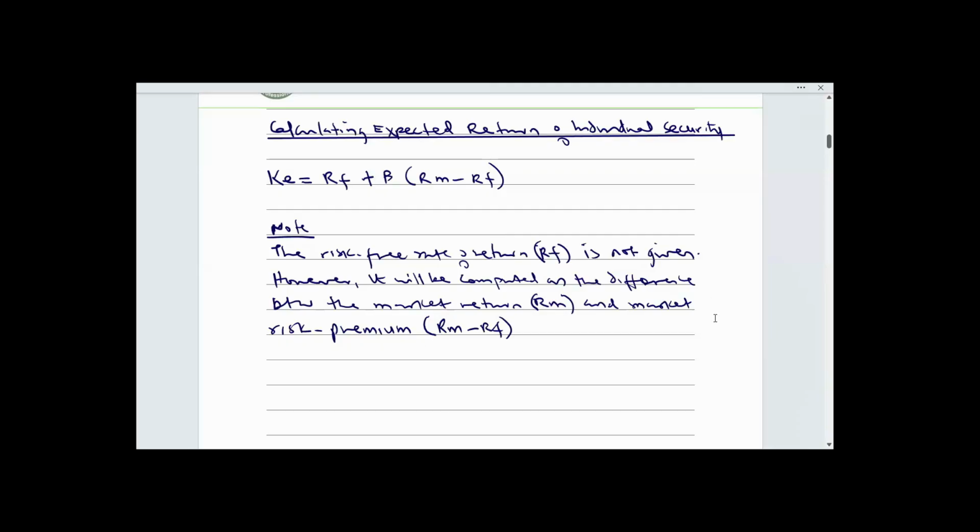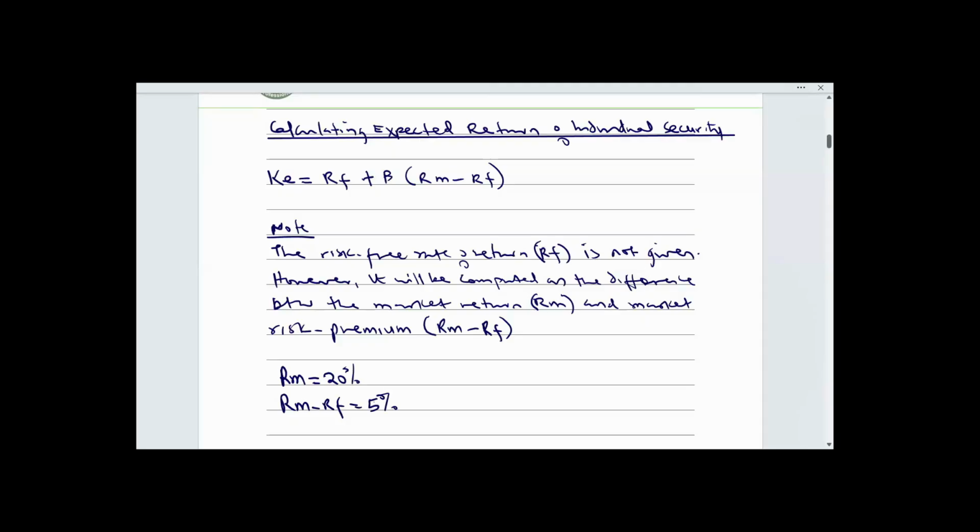Sorry, we are not given the risk-free rate of return. We are only given the return of the market to be 20%. We are also given the risk premium to be 5%. You know that according to the question, we are given RM to be 20%. You're also given the difference between RM and the risk-free rate of return, which is known as the risk premium, to be 5%.